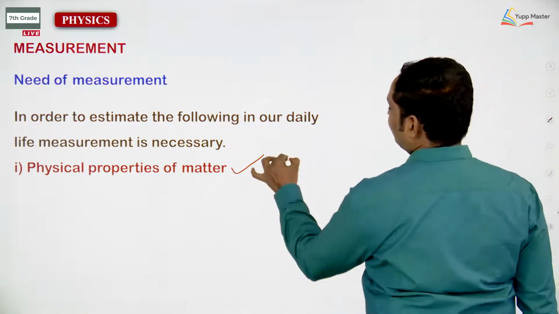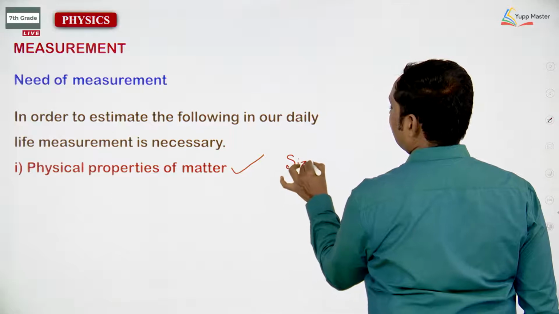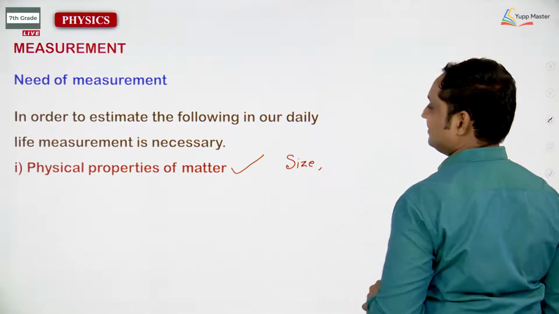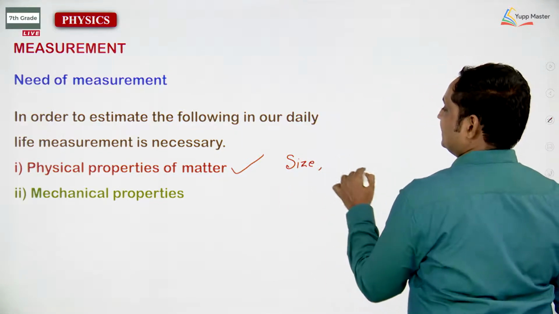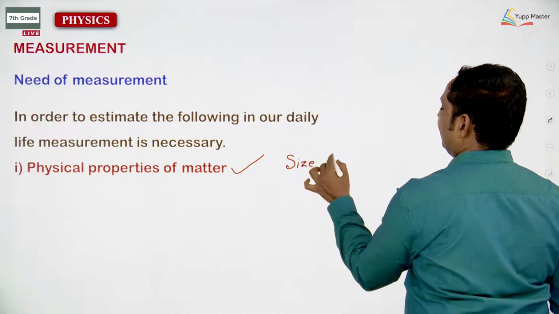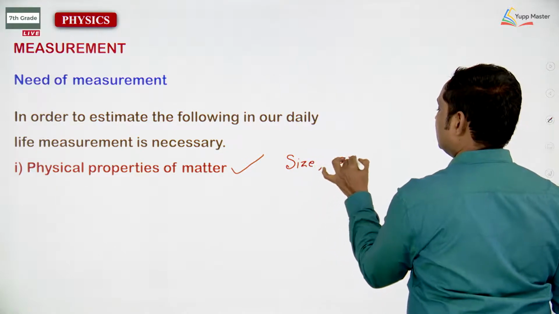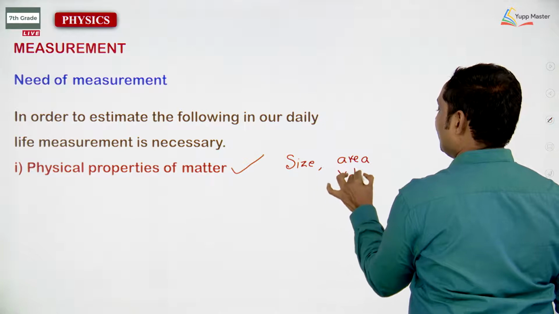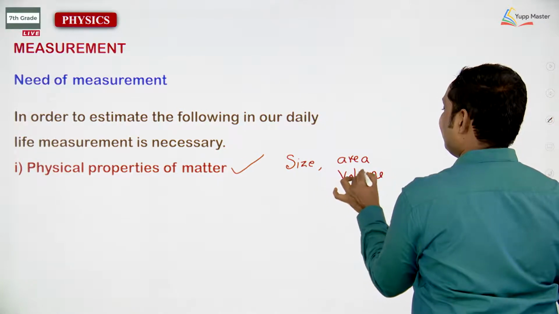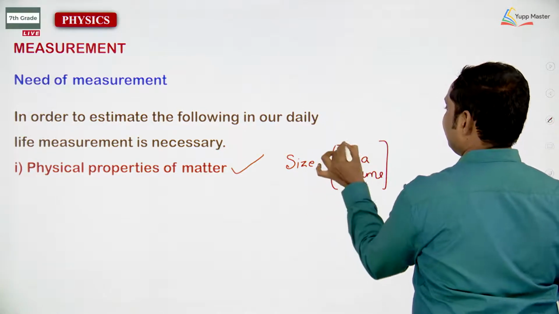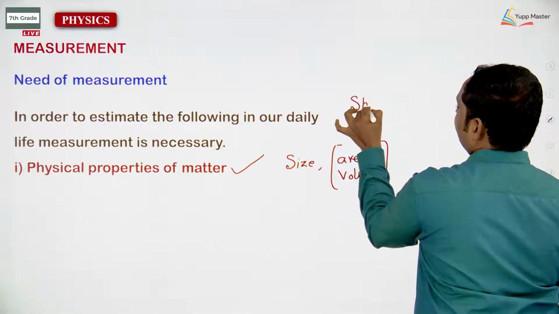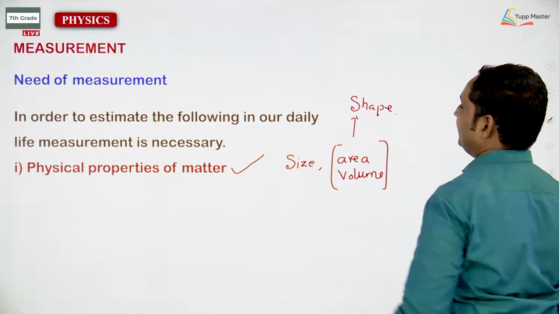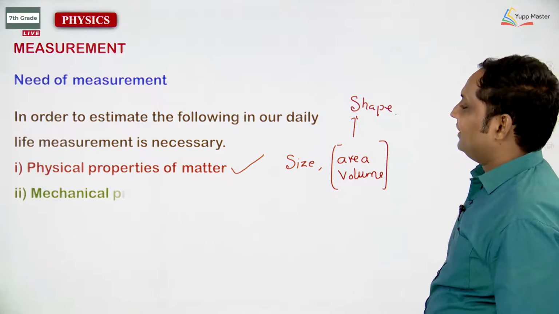While talking about physical properties, you have to take size, area and volume, which depend on the shape.